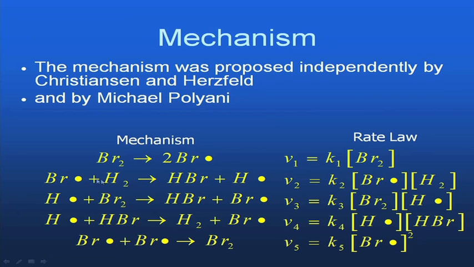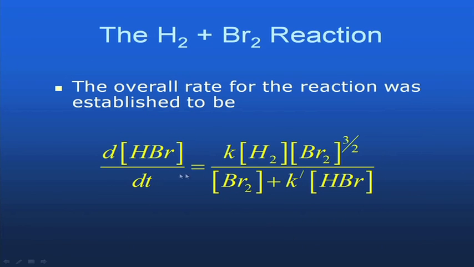Then there are other steps like Br plus H2 producing HBr plus H dot, then this H dot is used up to produce HBr and Br dot, and then H dot again reacts with HBr to produce H2 plus Br dot. If you look into this expression, you will see that HBr is in the denominator.